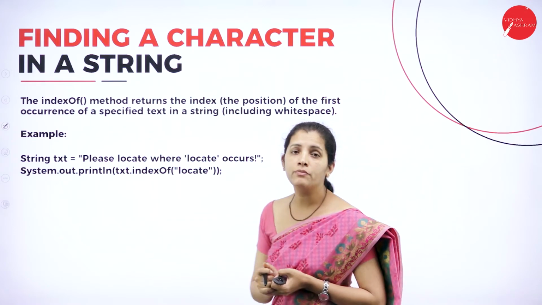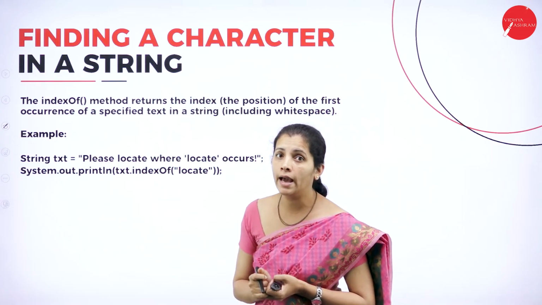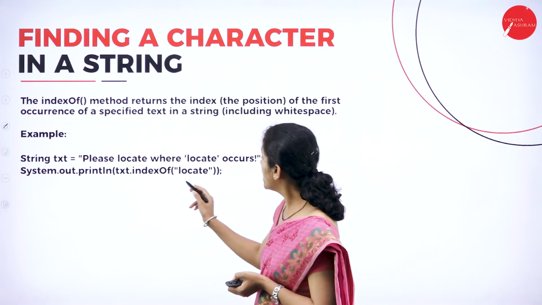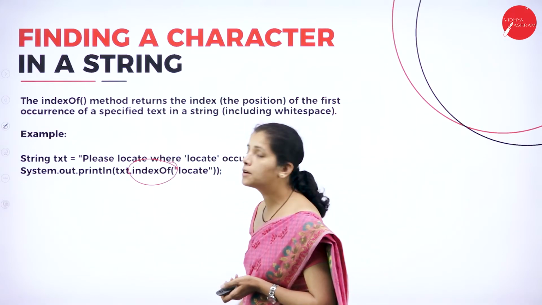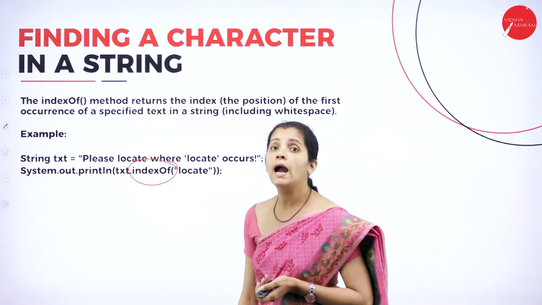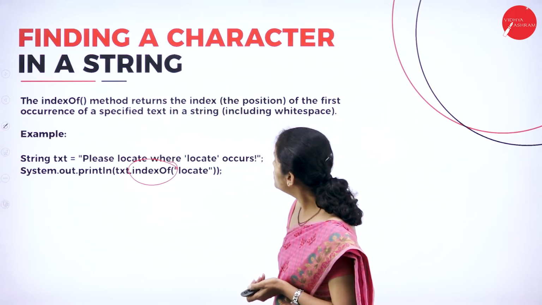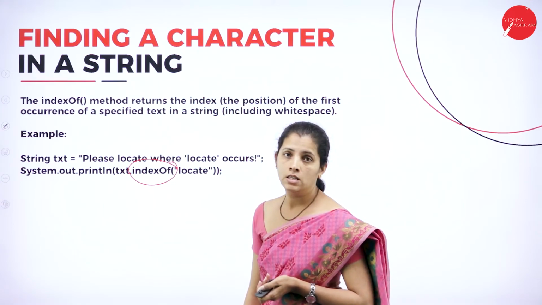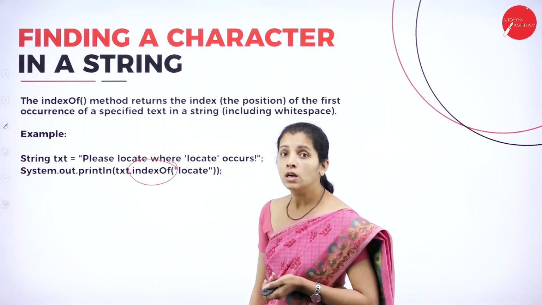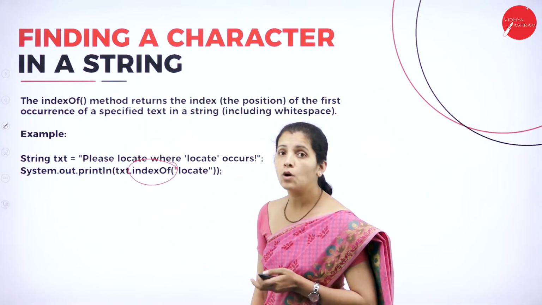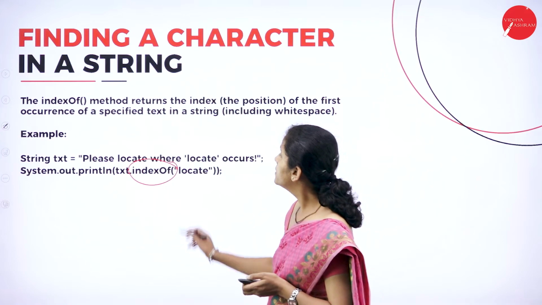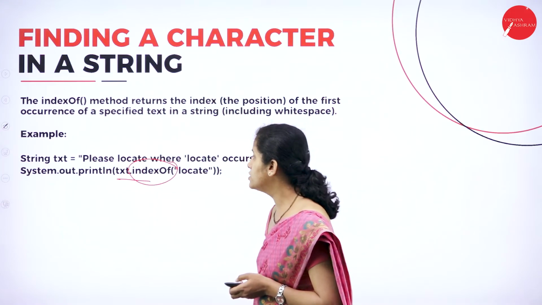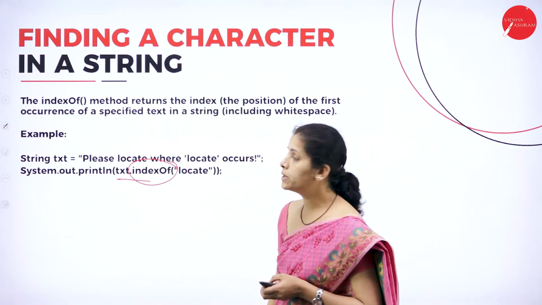Suppose I want to know the position of a character, then I can use the method called indexOf, and it's going to return the position of a given string, and it's going to count white space also. So here, if I call this function, what is the answer I need to get?